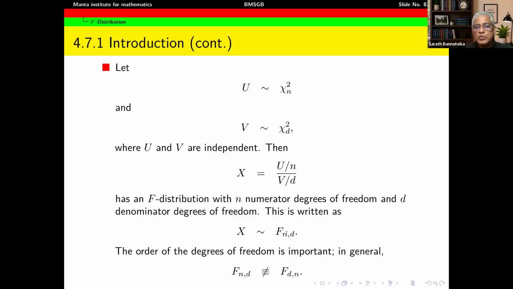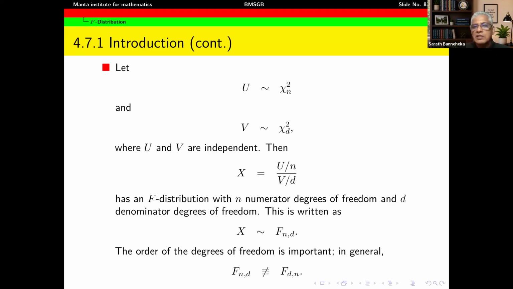Now, the order of these two numbers is important because, as I mentioned, the first number must be the numerator degrees of freedom. That name comes because it is the degrees of freedom corresponding to the numerator term in this ratio. And D here is the degrees of freedom of the variable in the denominator of this ratio. So F arises as a ratio of two independent chi-square random variables.